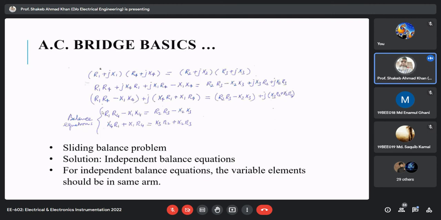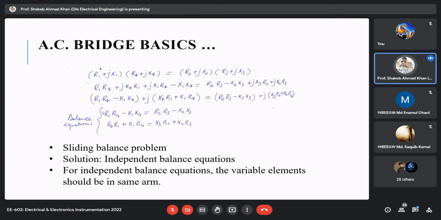So I'm summarizing all the things. Sliding balance problem is common in AC bridges, and this makes it difficult to balance the bridge. And this is because of the dependent balance equations.